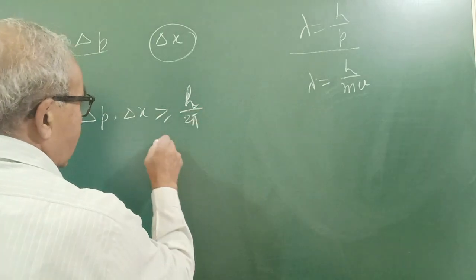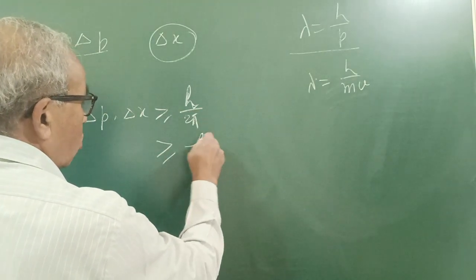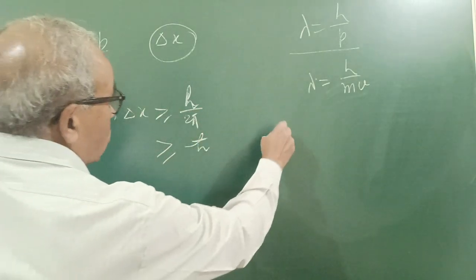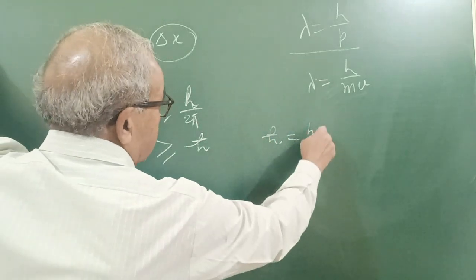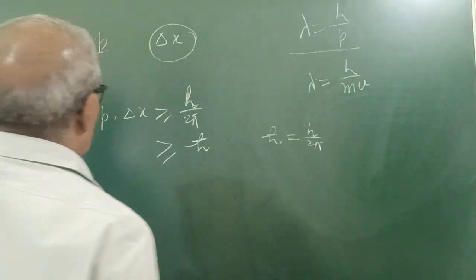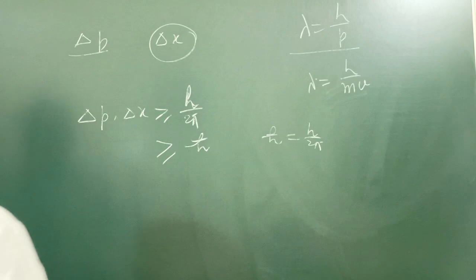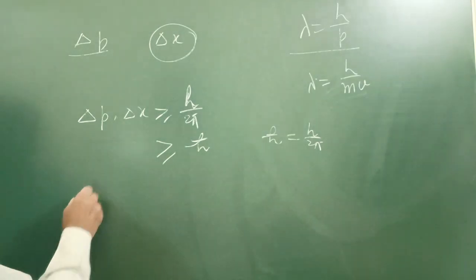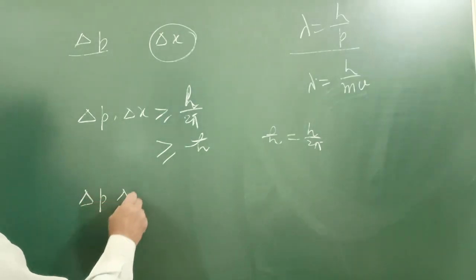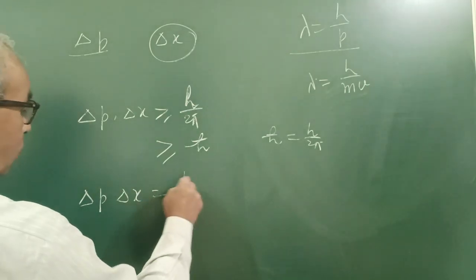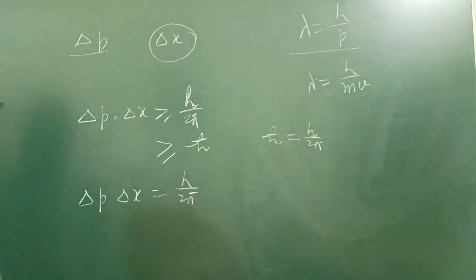Some people write it as h cross, which means h upon 2 pi. If I take the least error, the product is delta P into delta X equal to h upon 2 pi.